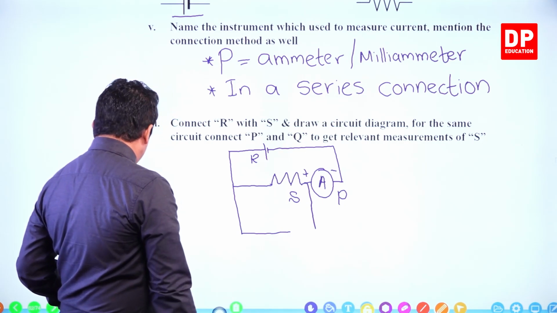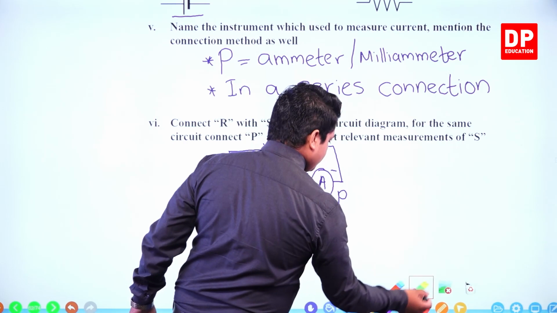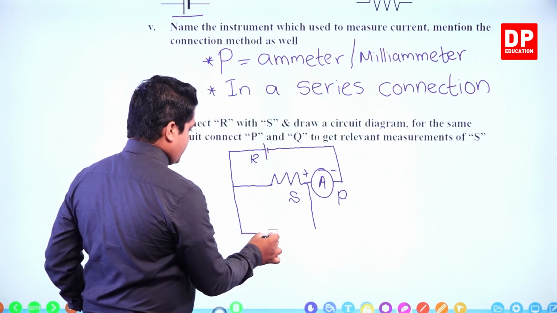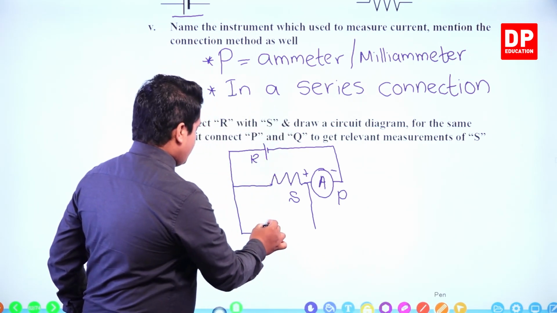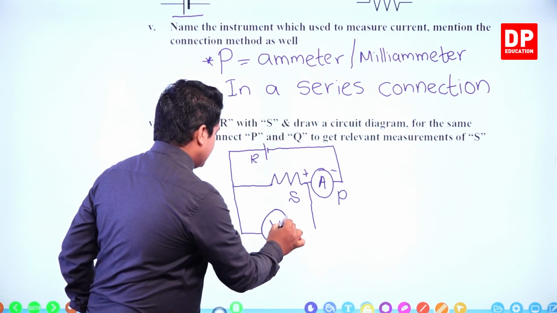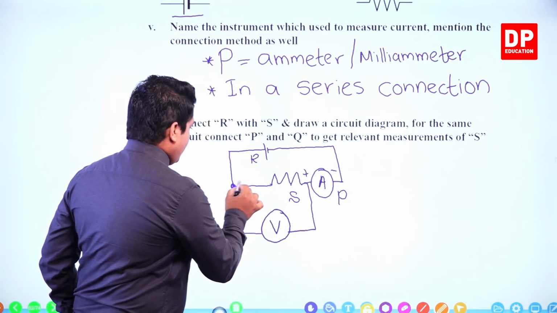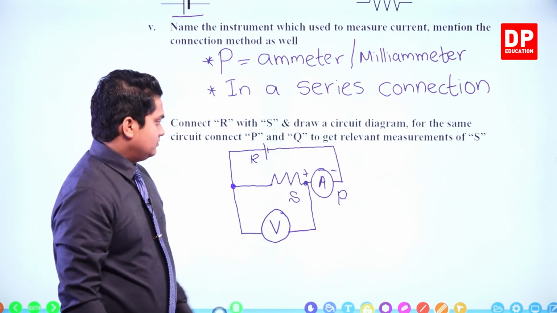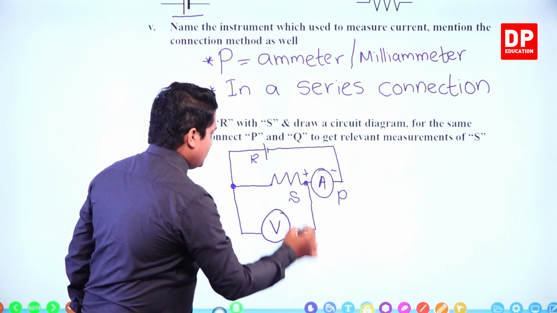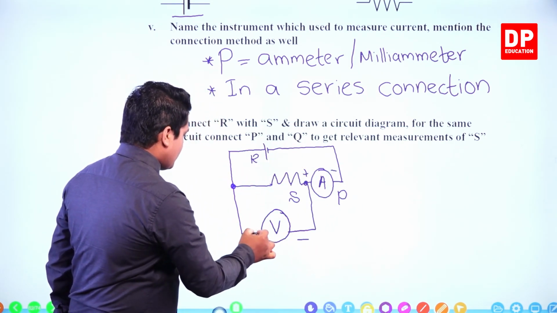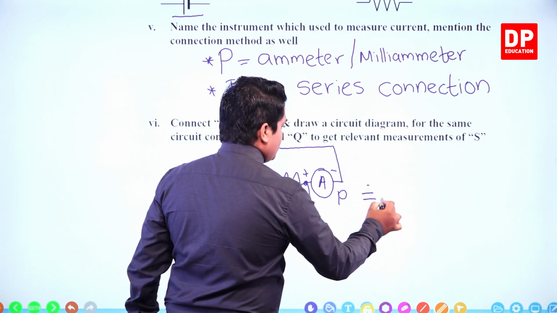From here to here, you can mention it like this. This is also correct because we are measuring the voltage of S. Right. So we have to connect it to the two terminals of S like this. So we'll mark out the negative terminal and the positive terminal. Right? If you want, you can draw it the other way around also. This is also correct.